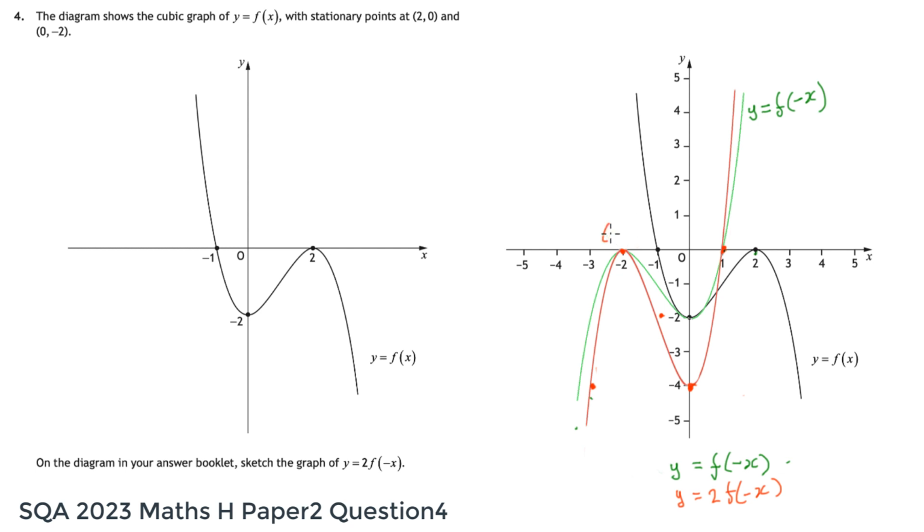So it passes through negative 2, 0, it's still got a maximum there. It crosses the x-axis at 1, 0, and crosses the y-axis now at 0, negative 4. So that red graph is y equals twice f of negative x.